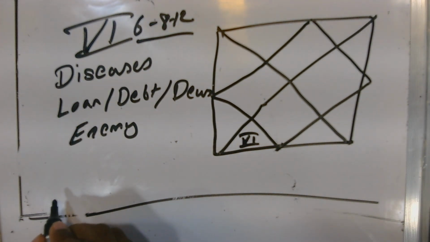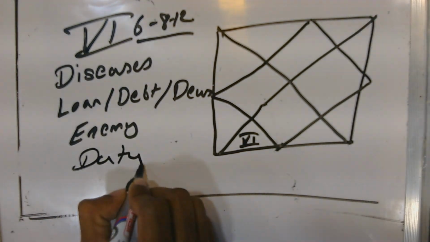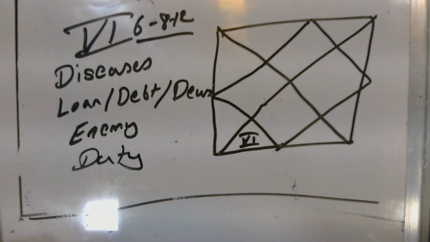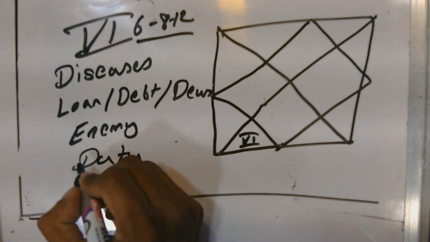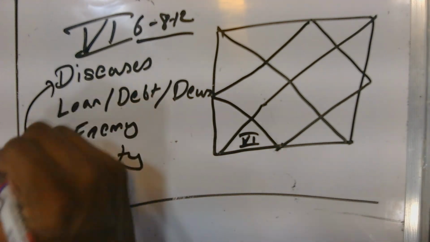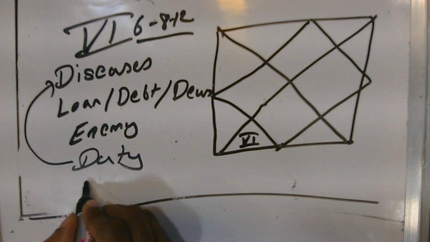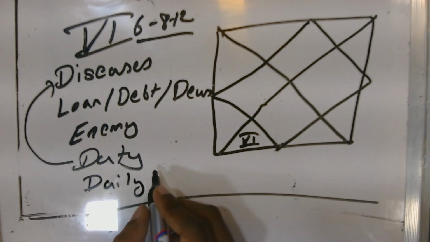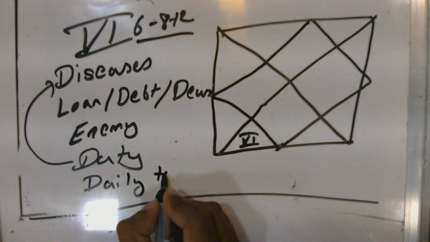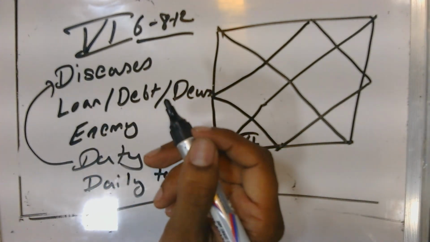The sixth house will also give you information about your duty, more in the sense of how you are going to deal with these things. Like how you are going to perform your duty against your diseases, how you are going to perform your daily tasks like having a bath.